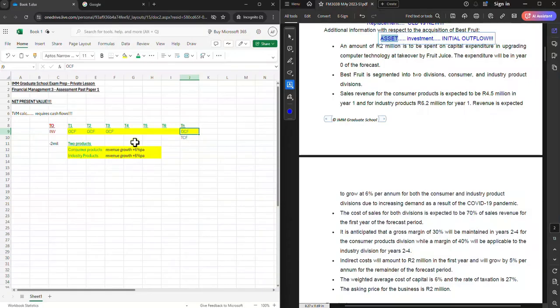Okay, so what is that speaking to? Which calculation? It must be expenses. Cost of sales, right?